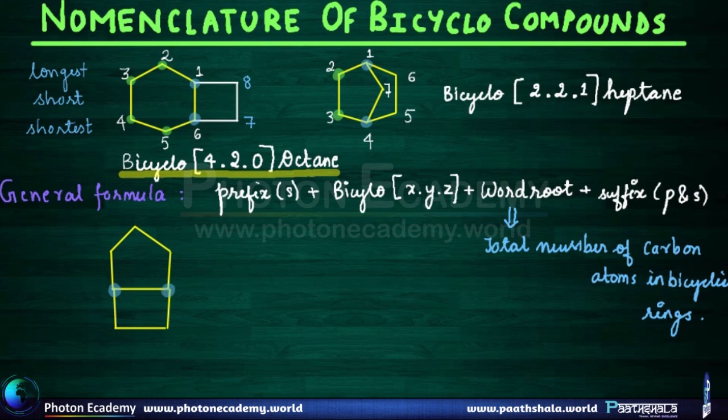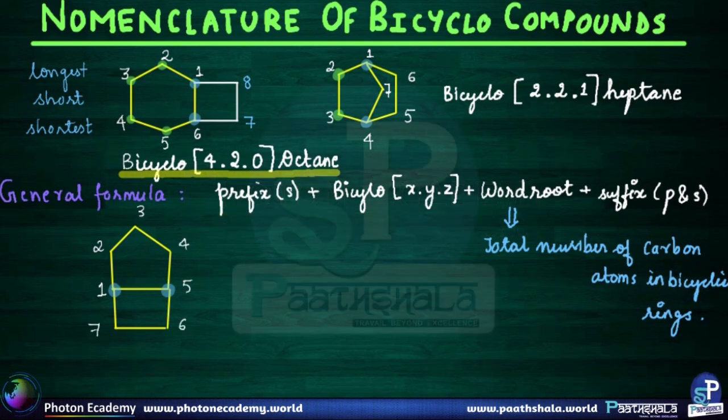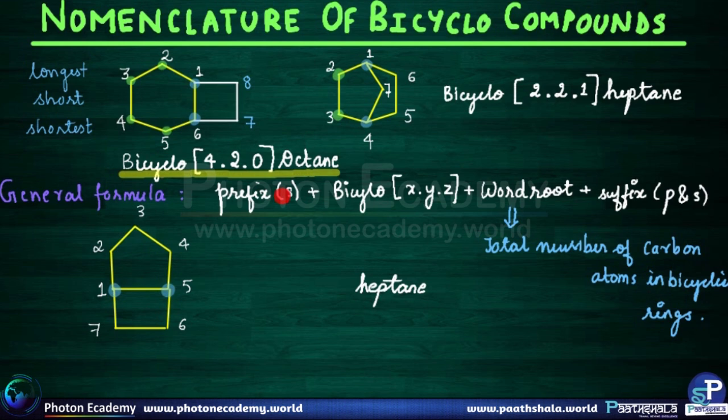So numbering will be done like this: 1, 2, 3, 4, 5, 6 and 7. The word root will be heptane because there are 7 carbon atoms present overall. No primary and secondary suffix because there is no double or triple bond or functional group, and no prefix also because there are no substituents present.